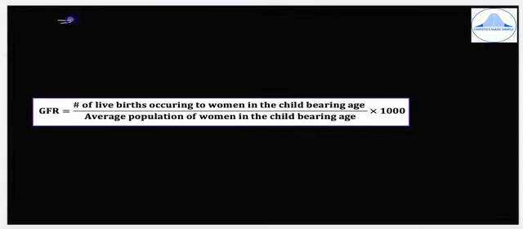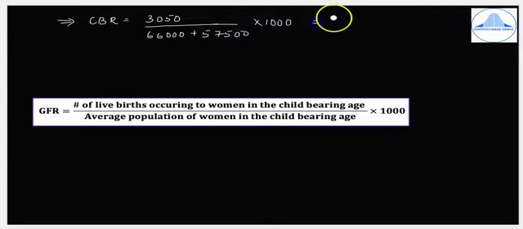Substituting in the CBR formula, you will get CBR is equal to 3050, and in the denominator you have to add the male population and the female population. That is 66,000 plus 57,500 into 1000, which is equal to 3050 divided by 1,23,500 into 1000.